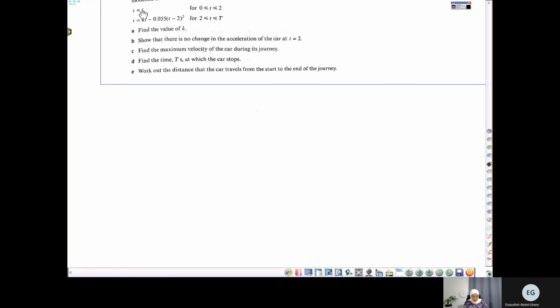Let's substitute t equals 2 in the first one, so v equals 2. In the second one, we will use the second expression and substitute velocity is 2 and time is 2, and then we have to find k.